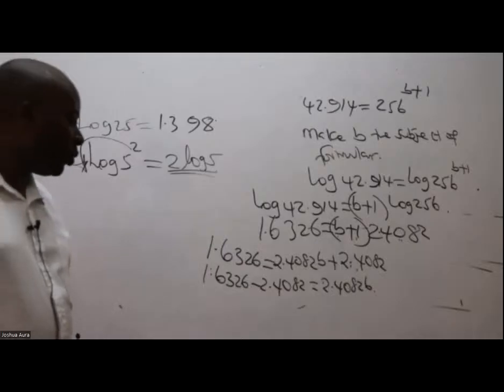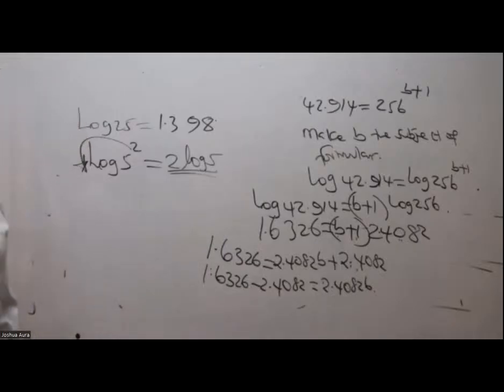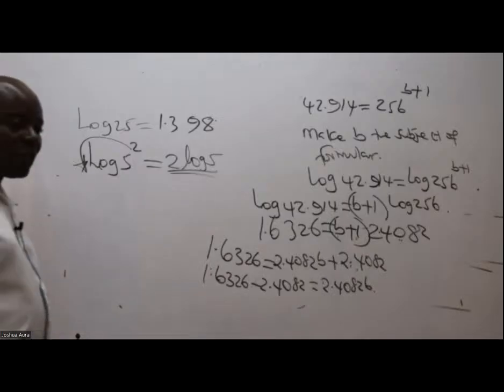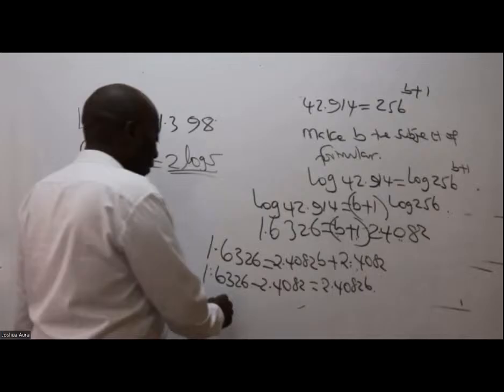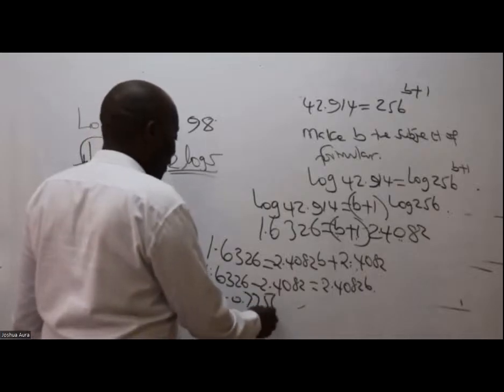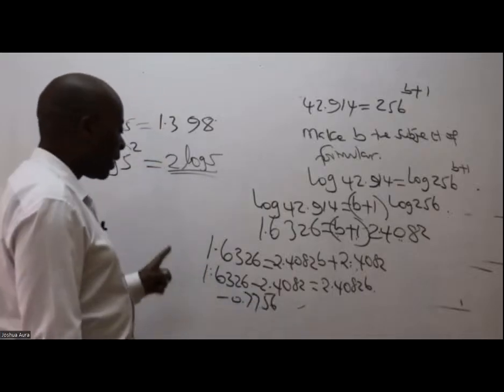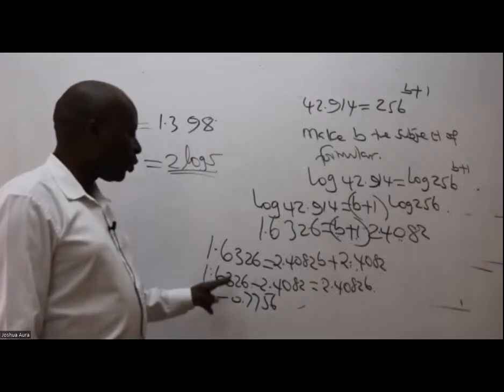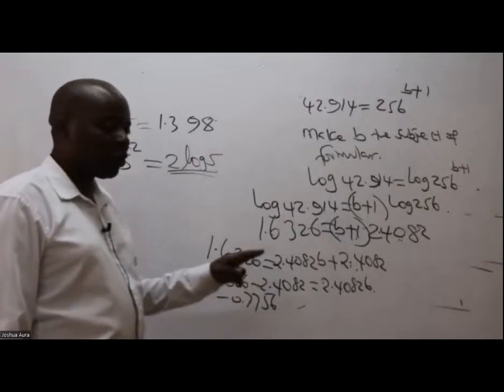Seemingly, minus 0.7756 is common, I think. Helen, take there 1.6326 minus 2.4082.